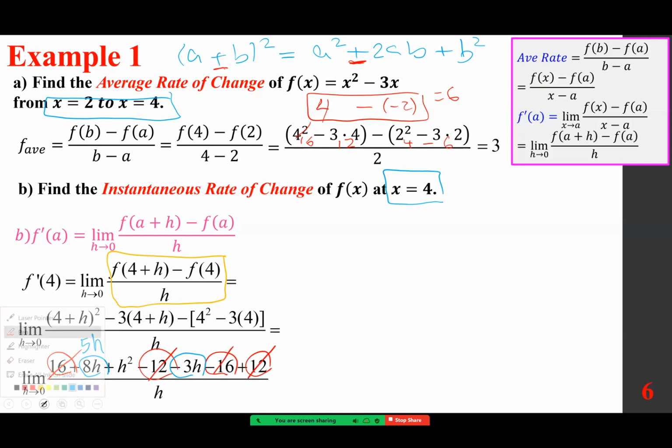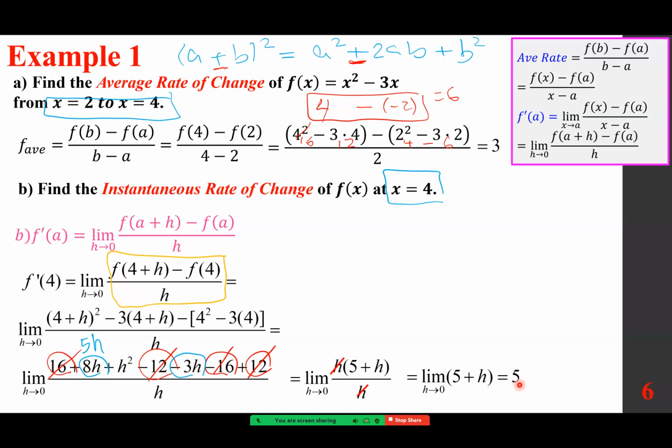So in the numerator, we end up with 5h and h squared. We can take the h out. These two cancel each other. We get only 5 plus h. And now if you replace it, you get 5. And we are done.